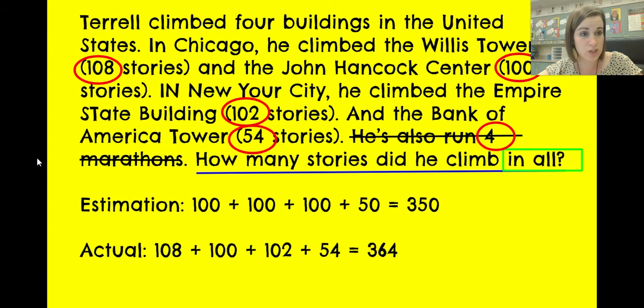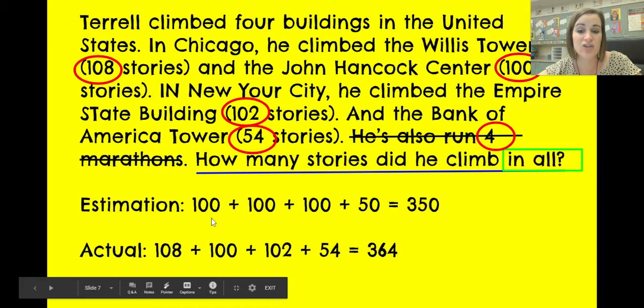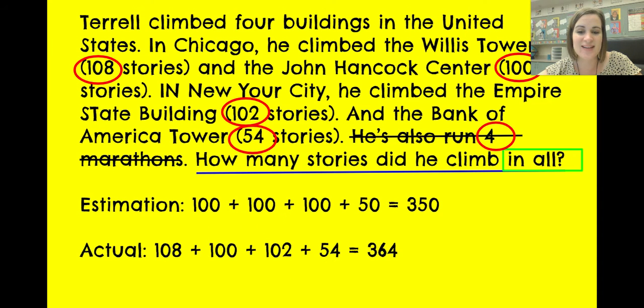All right, so maybe I want to start with some estimation first. We learned yesterday about estimation. So if I estimate 108, that would round to 100. Then I have 100, I can just keep that 100. Then I have 102, which also rounds to 100. And then I have 54, which would round to 50.